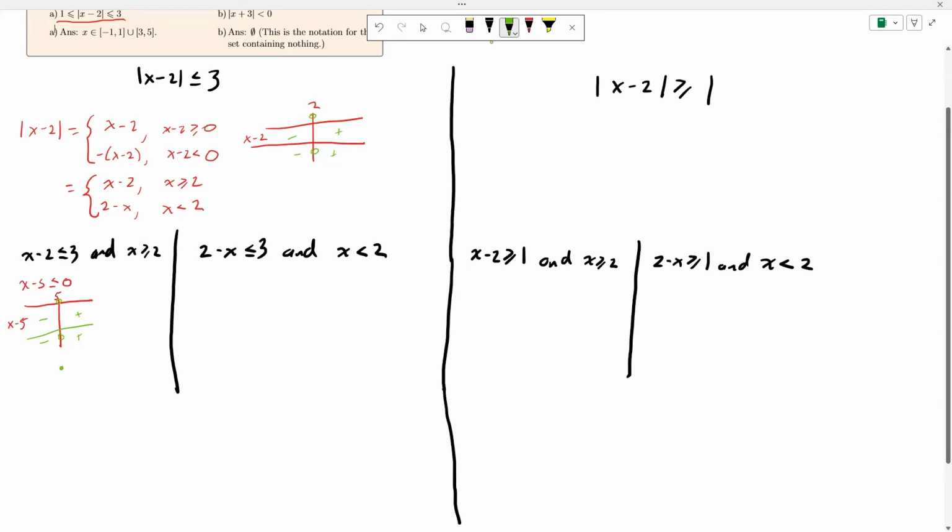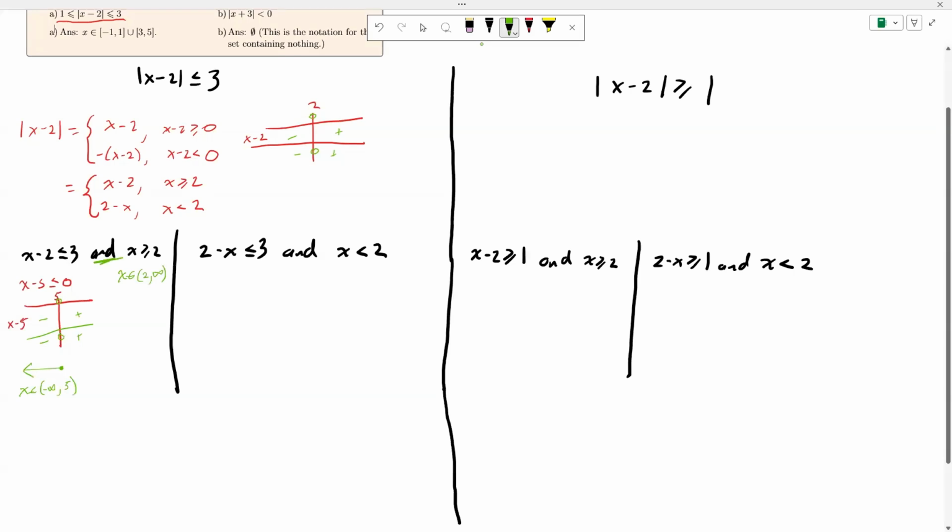So this is going to go from 5 downward. Or in this case, x is less than or equal to 5. But we're going to write this in interval notation as x is in the interval minus infinity to 5. And here, this is already an interval, or x is in the interval 2 to infinity.